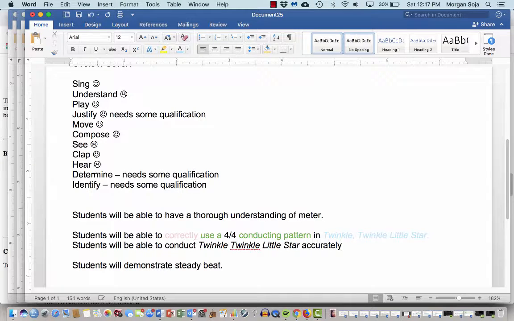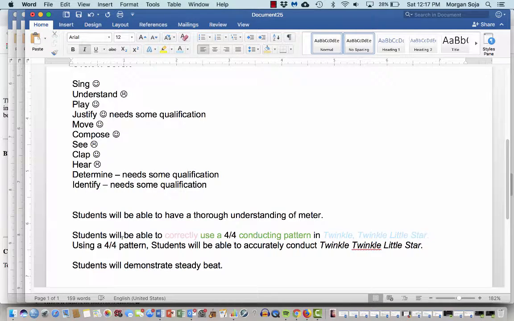I can't even spell. How about using a 4/4 conducting pattern? How about that? Or even accurately conduct. Sorry, this is just me wordsmithing.